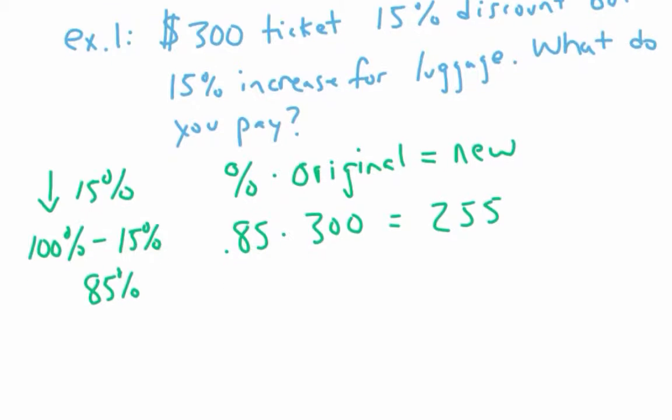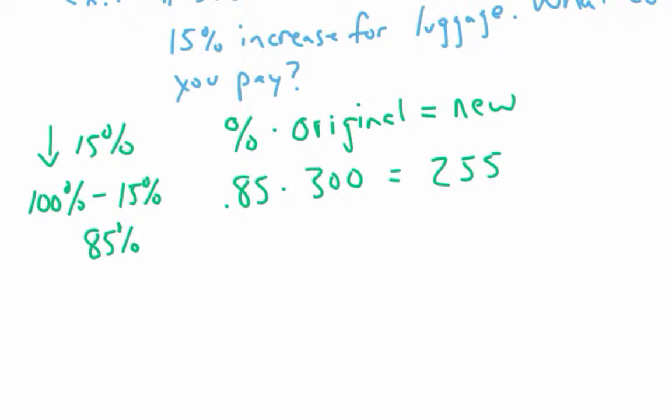And now the second time around, we're going back up. So now we're going up by 15%. Here we did 100 minus the percent decrease. Now we're adding 15%, so really it's 100 plus the 15%, for a total of 115%. So we do 1.15 times, well, our original value at this point in the problem is 255.